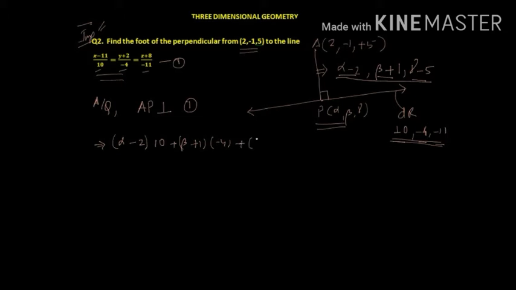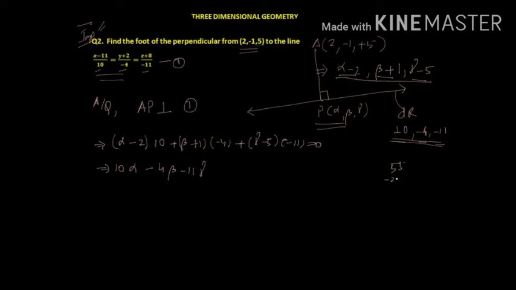Okay, so this is what you got, one relation. So here you will be getting alpha, beta, gamma, some relations, right? Let me simplify it for you. Then this is minus 11 gamma, and then minus 20, minus 4, minus 24, minus 24 plus 55.